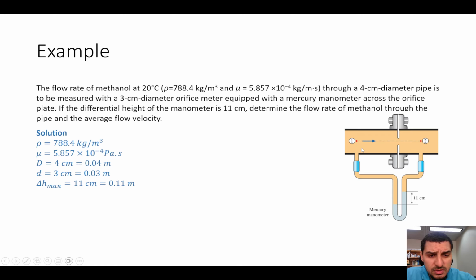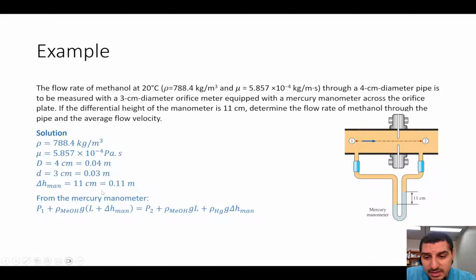The pressure at point 1 is P1 plus rho methanol times g times this height, which I call L, so it's L plus 0.11, the delta H of the manometer. On the other side, the pressure is P2 plus rho methanol times g times the same height L, plus rho mercury g delta H manometer.